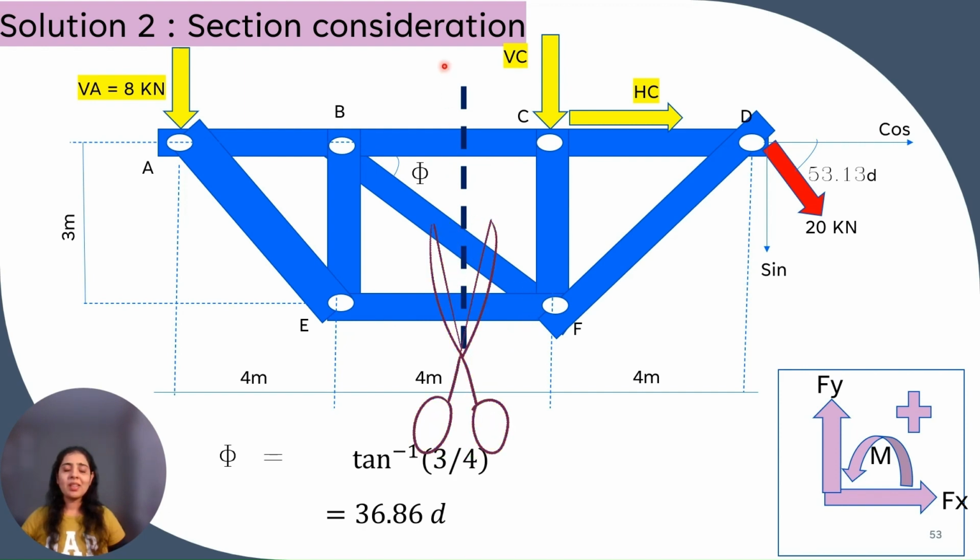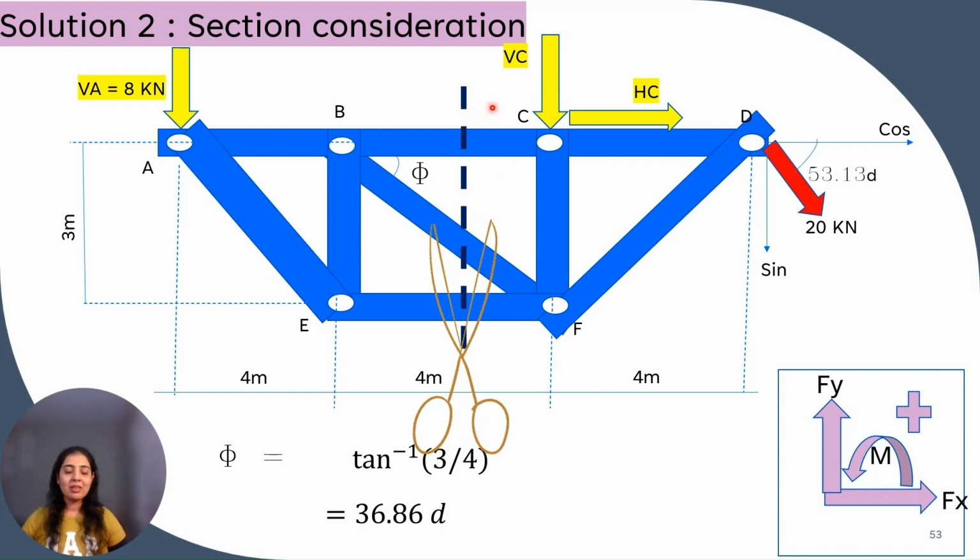So let's give a vertical cut which will pass through these three members, as it satisfies the condition that we have three equilibrium equations and three unknowns. So we can apply equations of equilibrium. So this cut is okay.